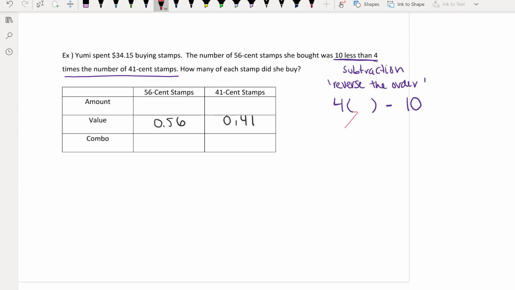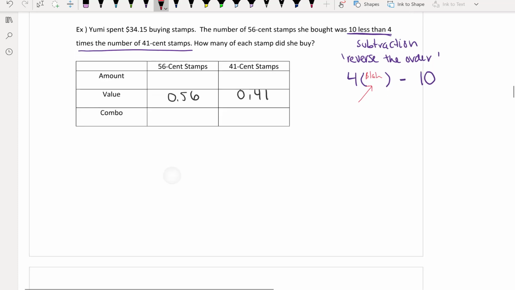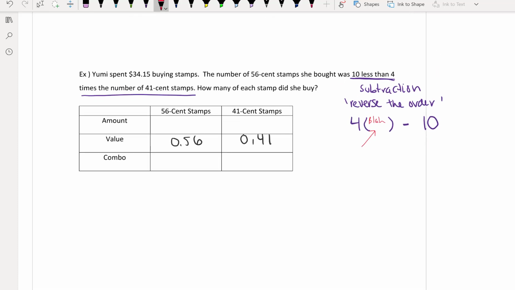So now you need to figure out that blah, right? What am I multiplying 4 by? I'm multiplying 4 by the number of 41-cent stamps. Do I know how many 41-cent stamps I have? I do not.